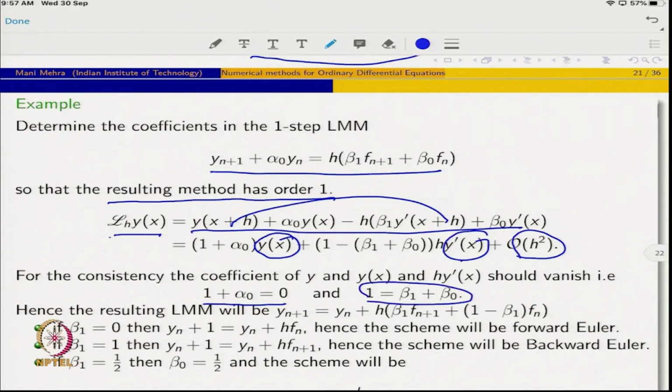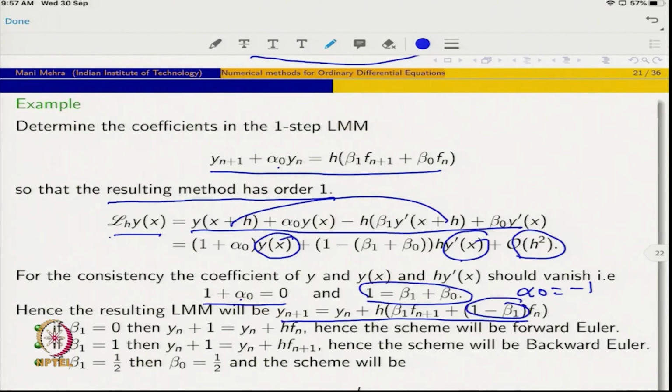Hence, the resulting linear multi-step method will be this, because from this equation you can get alpha naught is equal to minus 1. So, this is 0. So, alpha naught is minus 1, which you can keep here, and then we get this beta 1, and beta naught is 1 minus beta 1, which I am keeping here.